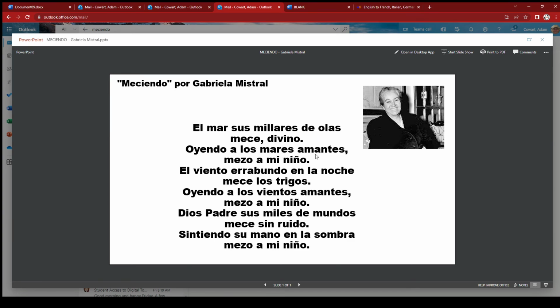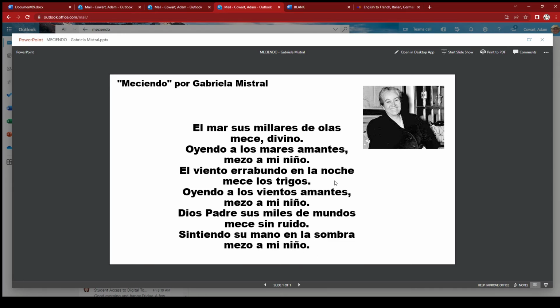Oyendo a los mares amantes, meso a mi niño. El viento errabundo en la noche, mece los trigos. Oyendo a los vientos amantes, meso a mi niño. Dios Padre sus miles de mundos, mece sin ruido. Sintiendo su mano en la sombra, meso a mi niño.